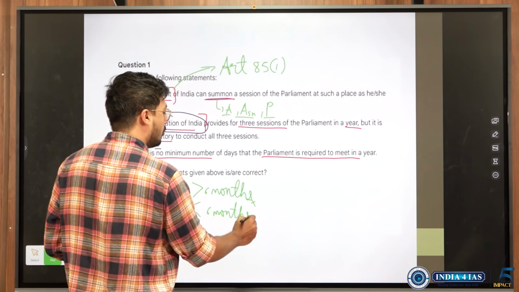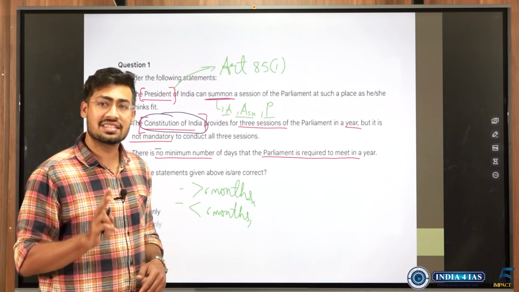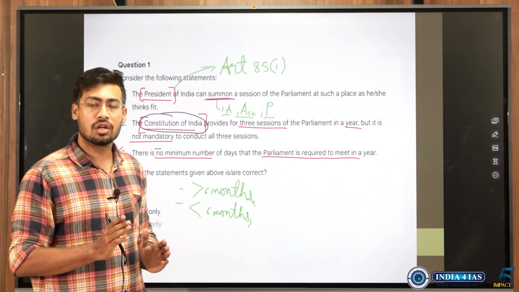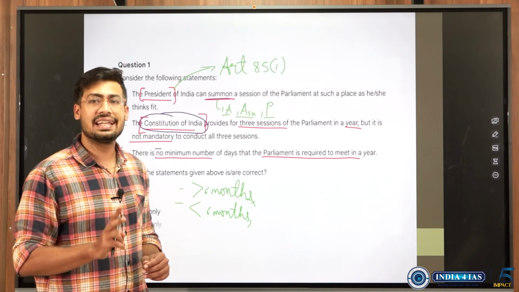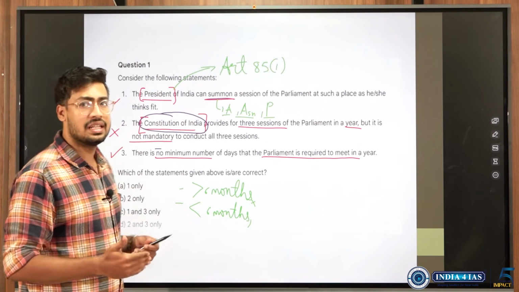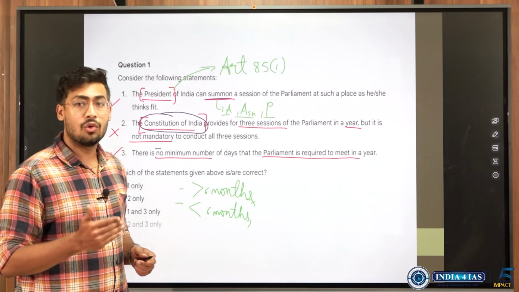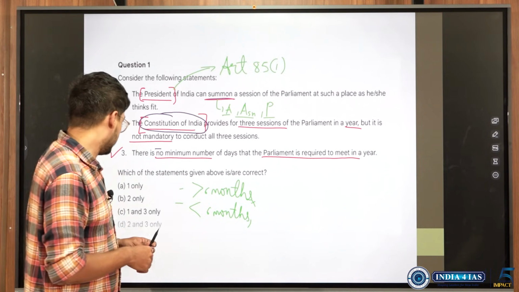In simple words, it is mandatory for Parliament to have at least 2 sessions in a year, because a year has 12 months, so the gap cannot be more than 6 months. And whenever a session is held, we do not count when Parliament is adjourned for more than 4 days, right?